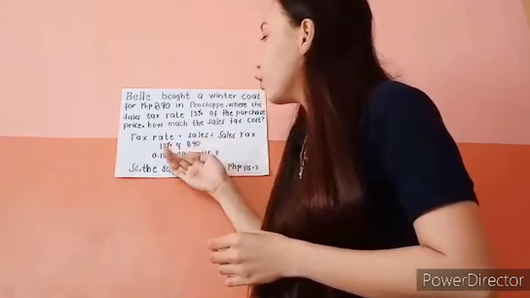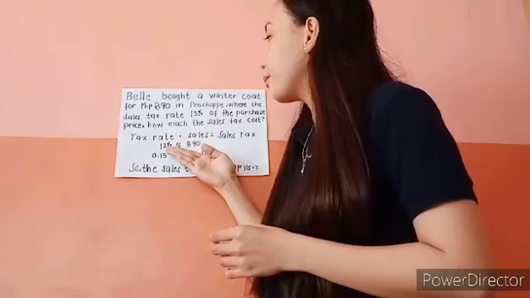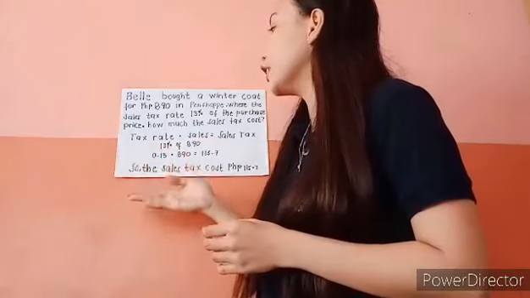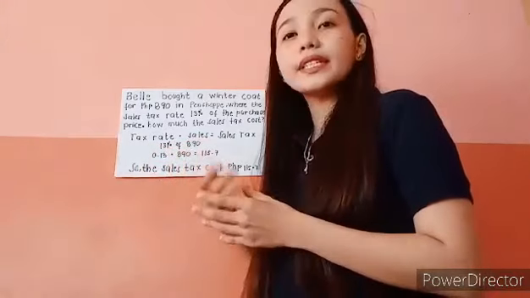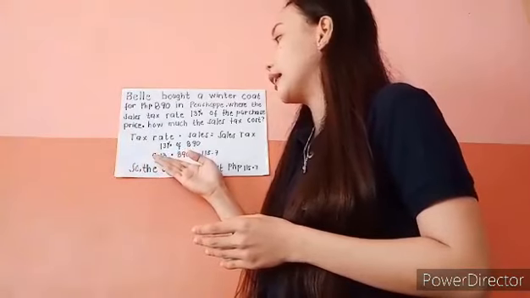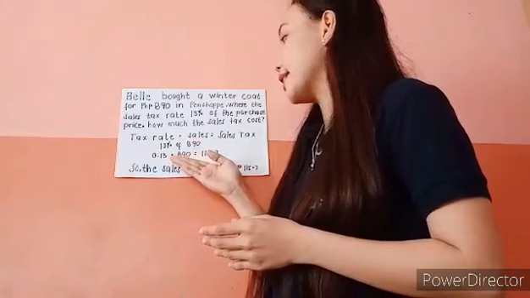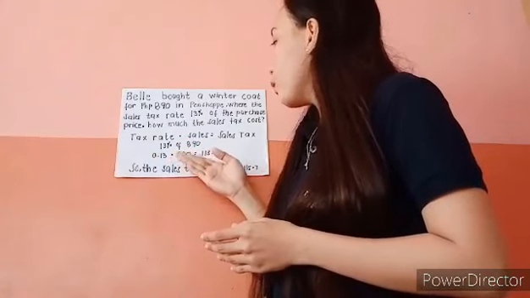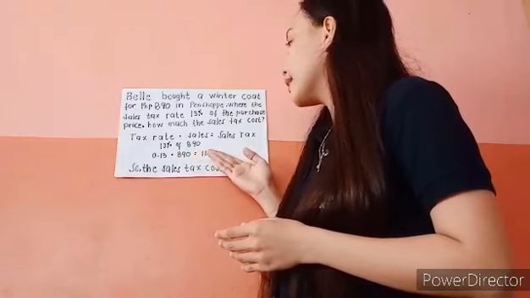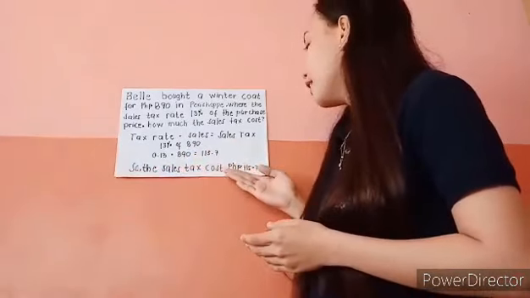So, ibig sabihin, yung of na to, always remember that of means multiply. So, 13% converting to decimal or 13% divided by 100 is equal to 0.13 multiplied by 890, which is the sales. So, equals 115.7 sales tax. So, the sales tax cost 115.7.